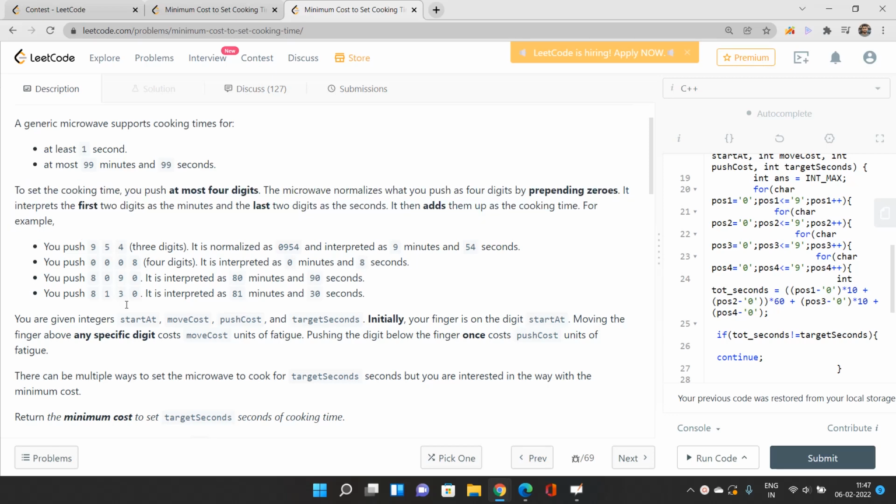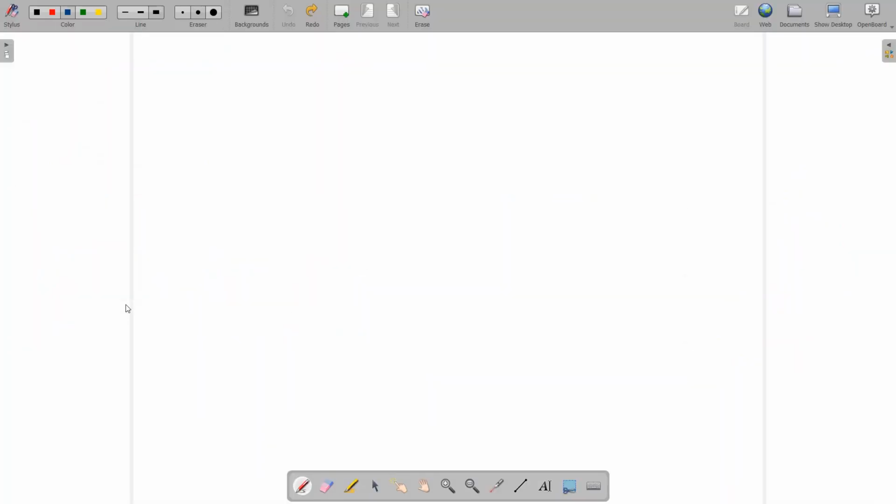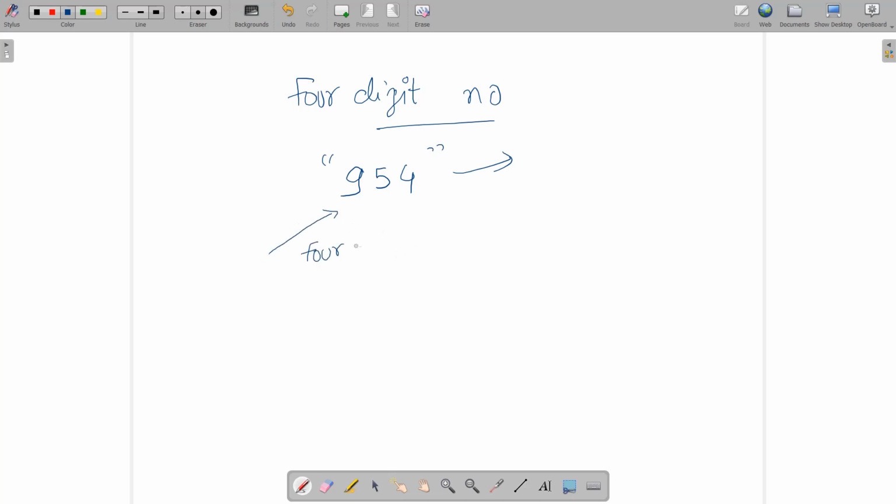If you're not going to understand, let me explain in simpler words. First you need to understand the 4 digit number. Suppose you have the number 954 and you deliver this string to the microwave. The microwave is going to make this a 4 digit number, so it will be 0954.